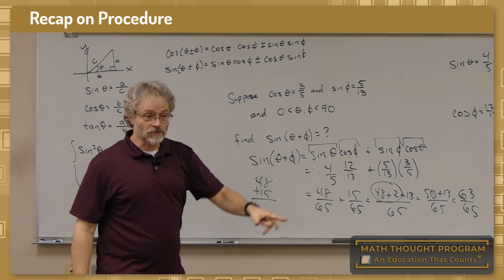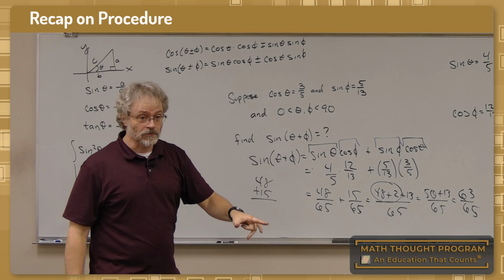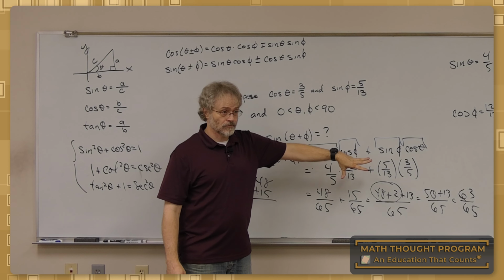So for these kind of problems, when you're looking for cosine of theta and cosine of phi, you're looking at the summation. Step 1, just come up here to the identity. Write it out just like we did. Step 2, update by what you know. You know these two quantities, take them, plug them in.